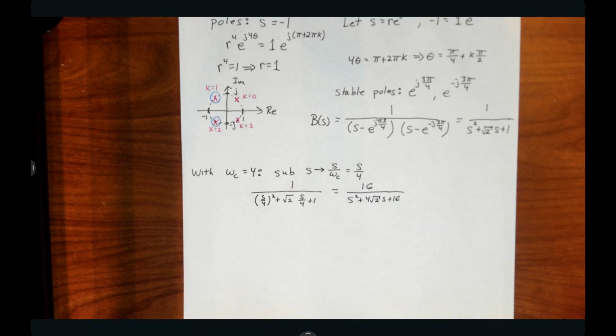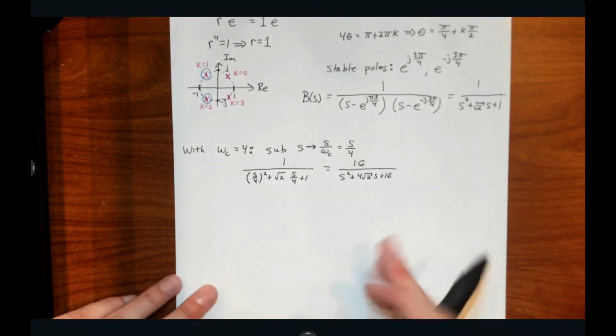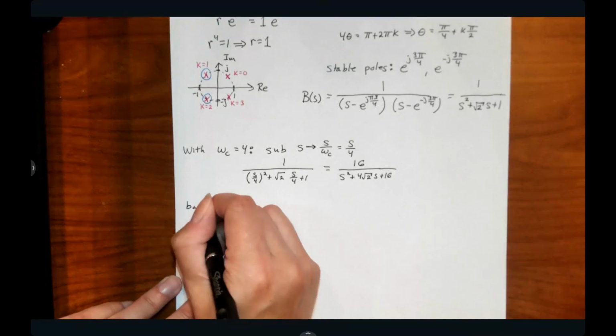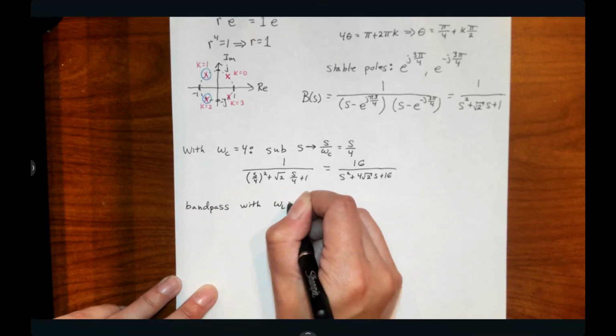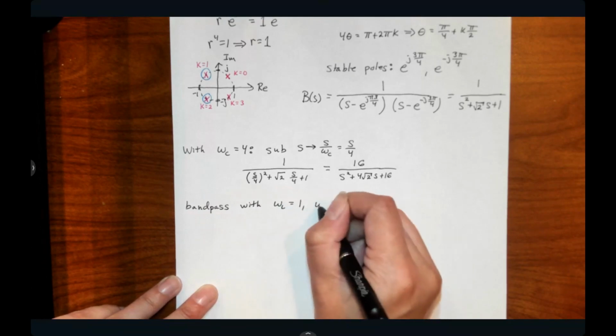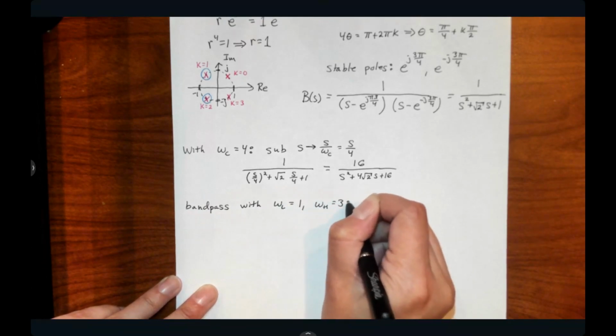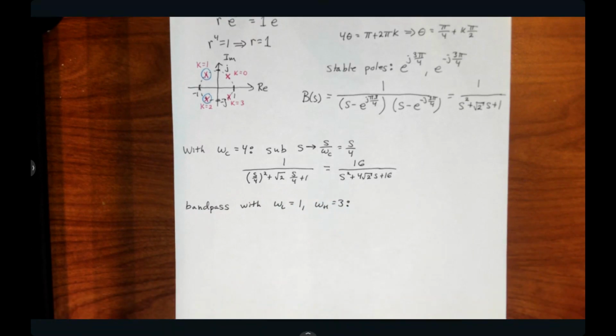And if I wanted, say, a band pass, and let's say I know the lower cutoff I want to be 1, the higher cutoff to be 3. Well, the form that we had for our substitution used omega 0 and omega b, right?